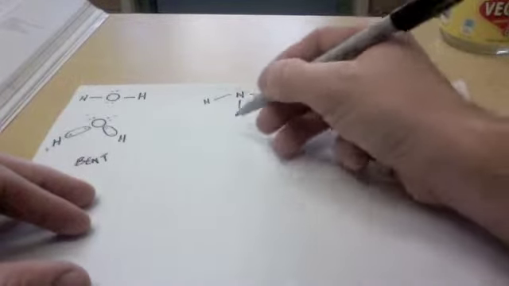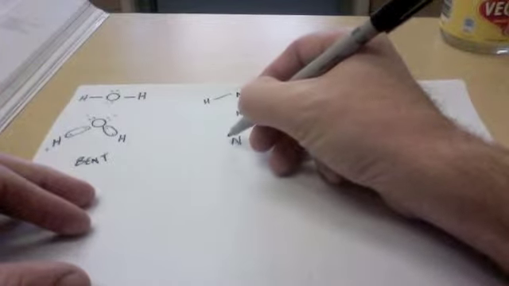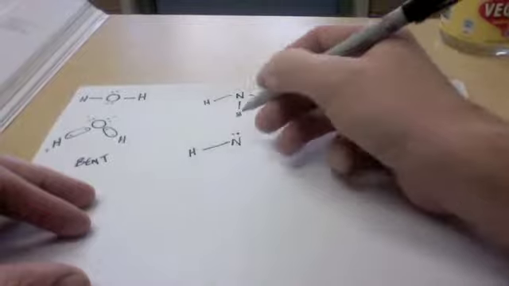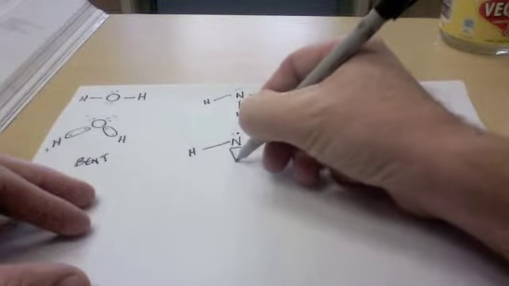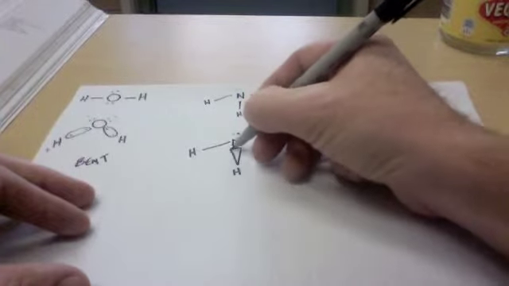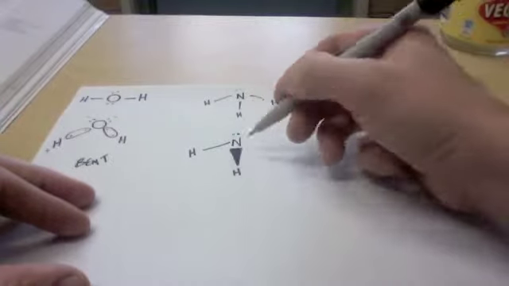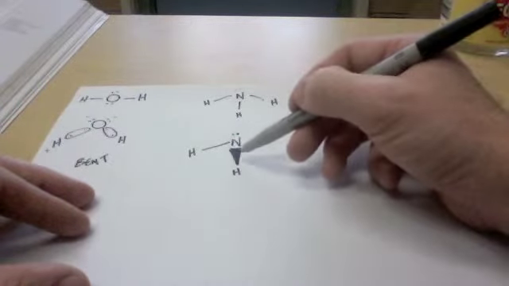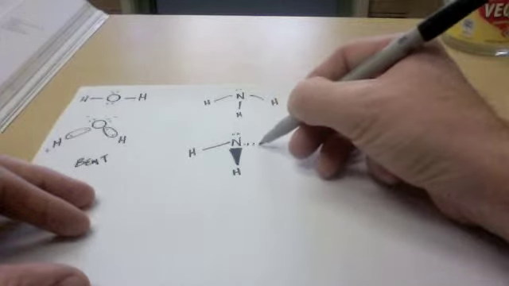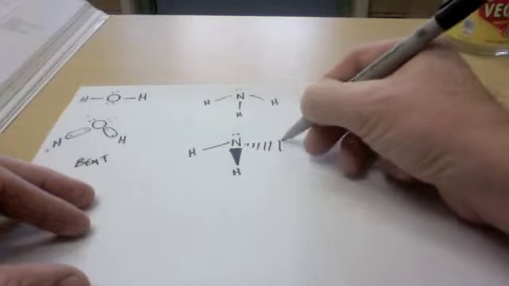Now a better way to represent that would be to put the 2 electrons here, and you'll sometimes see it represented like this. Out comes a bond to a hydrogen, that's going down. Then you'll see a bond drawn a little bit like this. Better colour it in like the textbook will, to indicate a 3-dimensional shape. That one's going into the page. And then this one indicates a bond coming out from the page, like so.